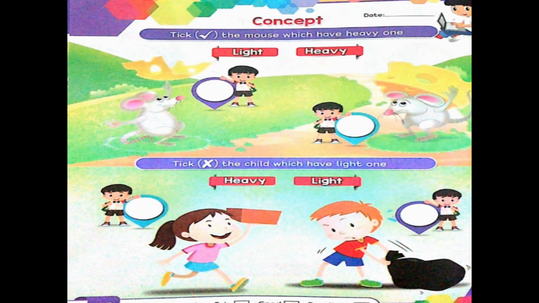Now in the next picture there are two children. You have to cross the child who has the light object. So the child on the left side has the light object. So cross that one. So kids, you have to mention date correctly, and this is your home assignment also.